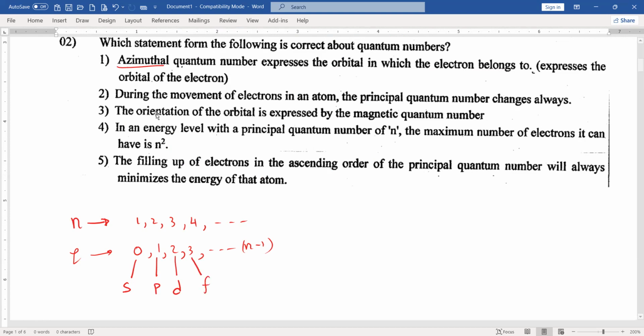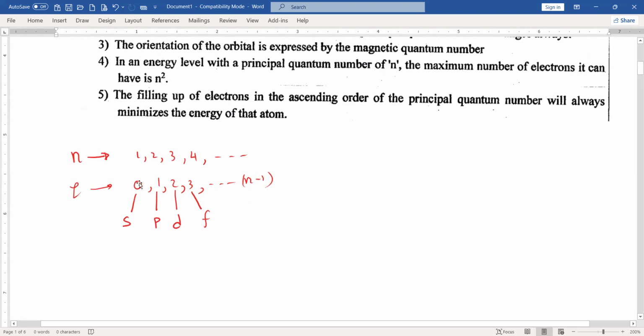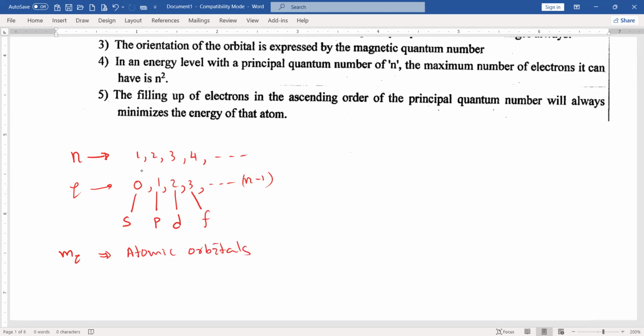Then we have another quantum number called the magnetic quantum number. This gives us the atomic orbitals. Normally we know that S orbital is spherical, P orbitals are dumbbell in shape.